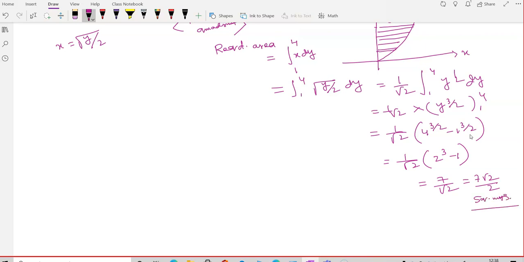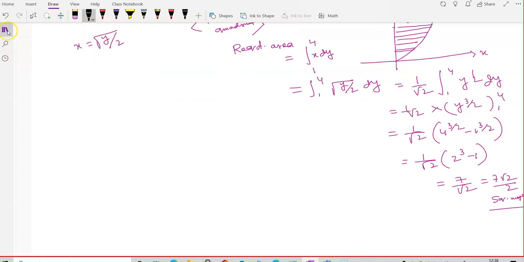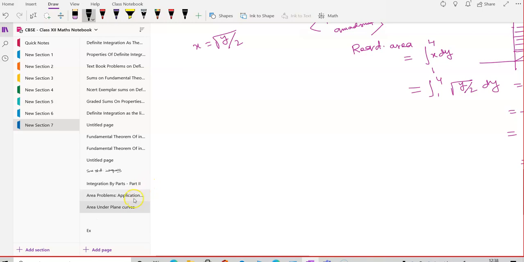Okay. So these were simple curves finding area with x and y axis. But problem may be there when two different curves are there. How to find the area bounded between two different curves?